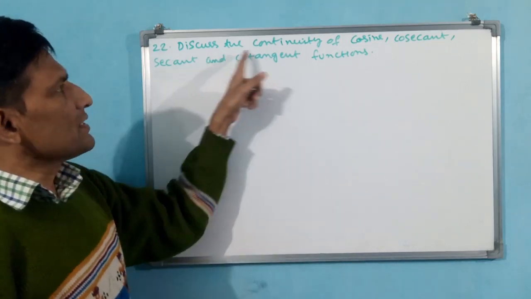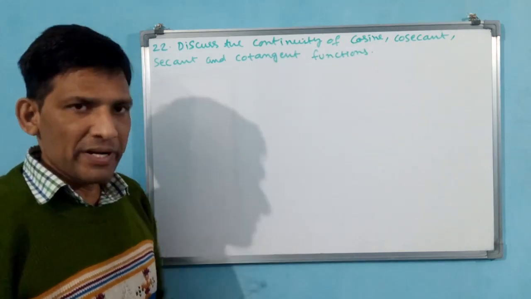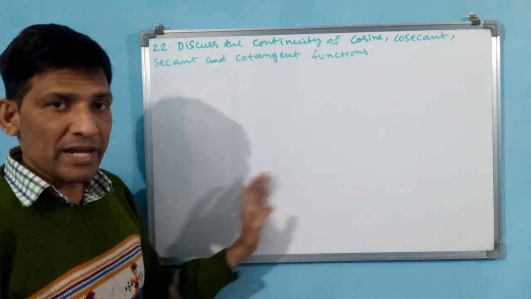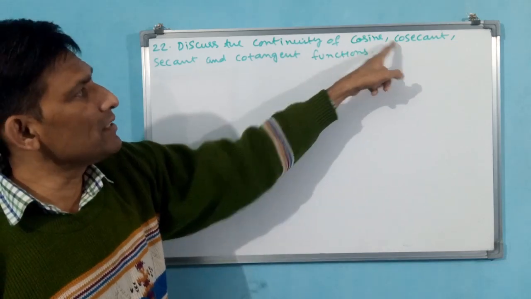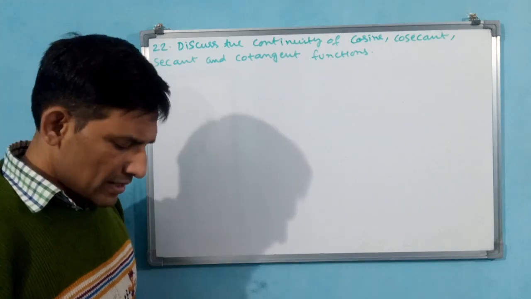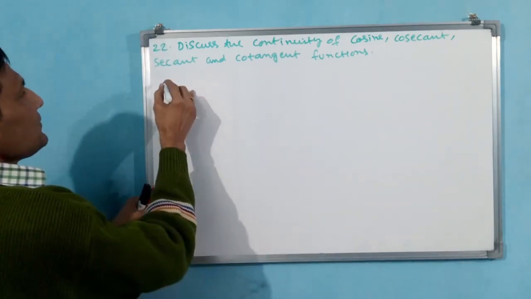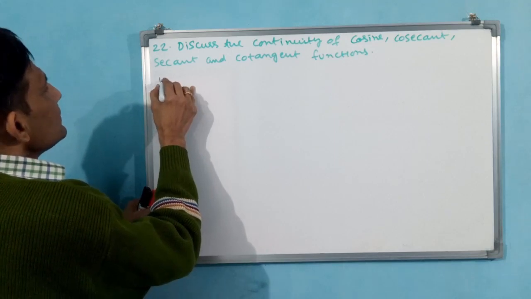Okay. You see, discuss the continuity of cosine. The cosine function we did in the last question; you repeat the same. For both you have to repeat sine and cos. Why? Because we are doing cosecant also now. Cosine we have already done. What I am writing, you see.